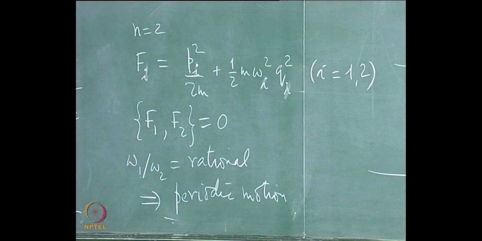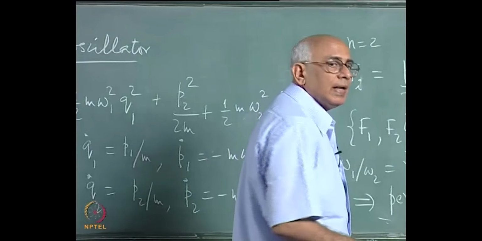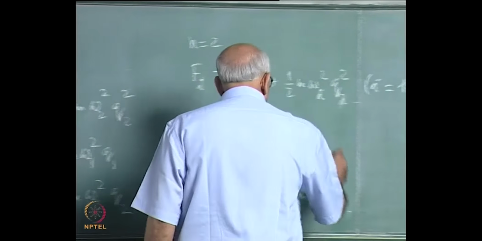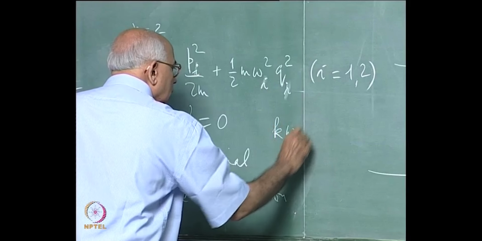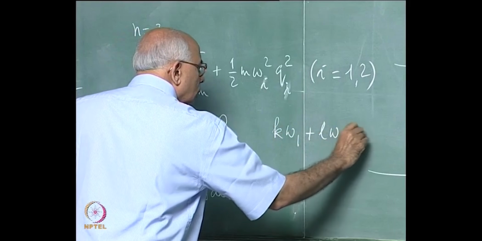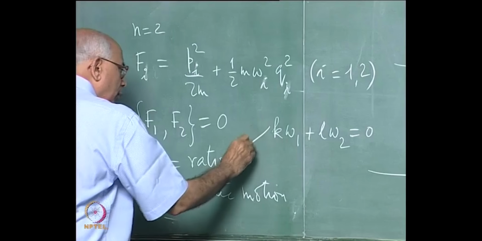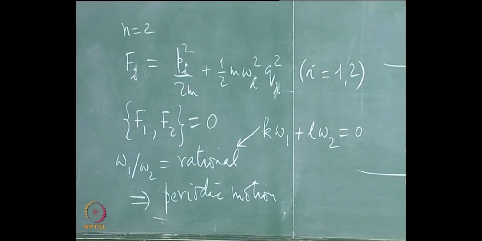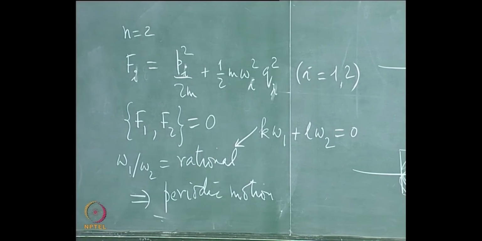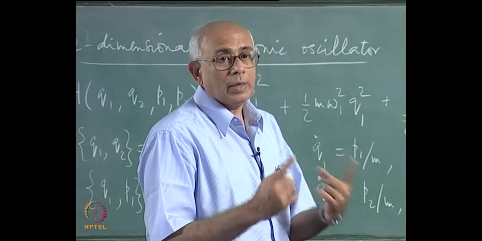In other words, if we have two integers, say K and L, I don't want to use M because I have already used that for the mass, such that K times omega 1 plus L times omega 2 equals 0, it implies that the ratio is rational where K and L are integers, and then it is quite clear that the overall motion is periodic.